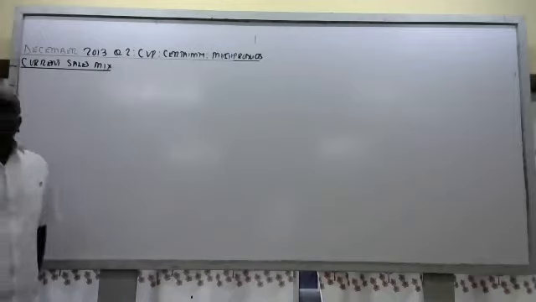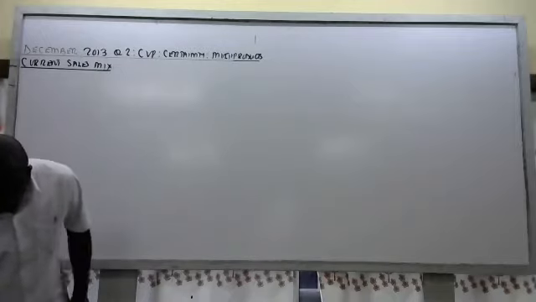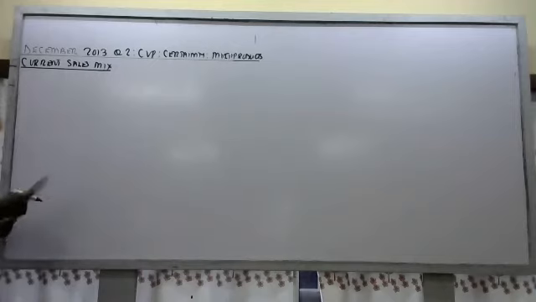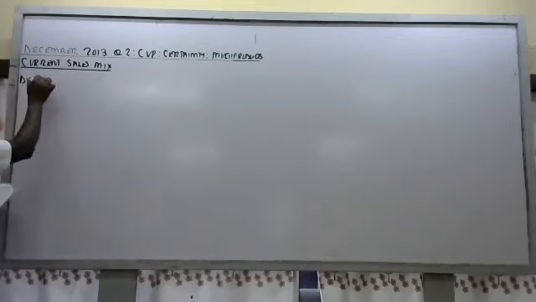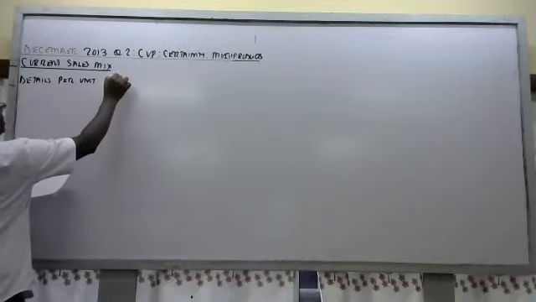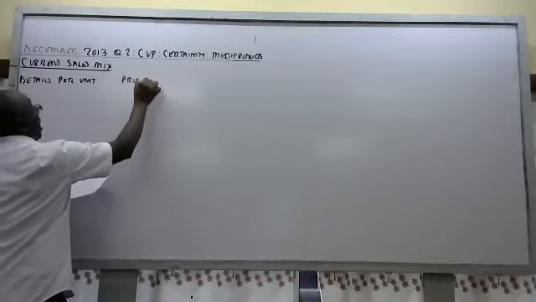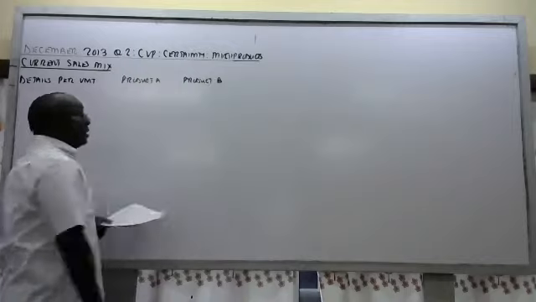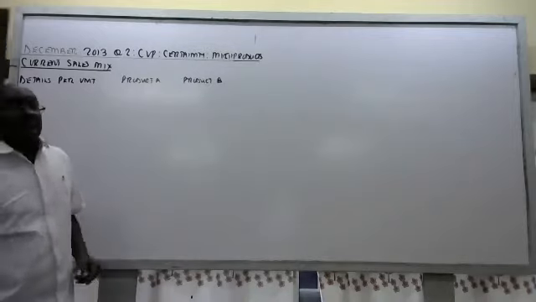Now, in the current sales mix, we can have details per unit. We have product A and then product B.